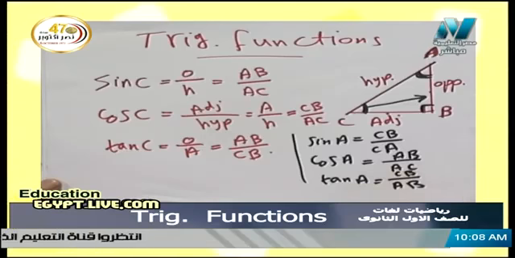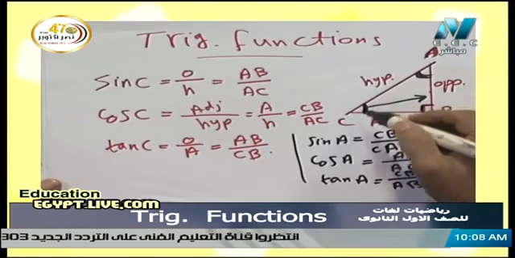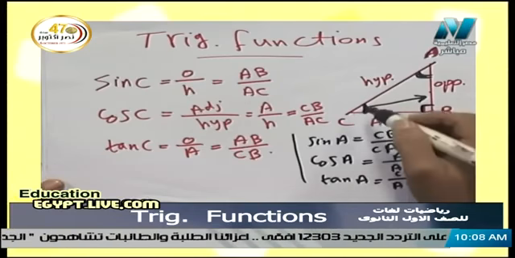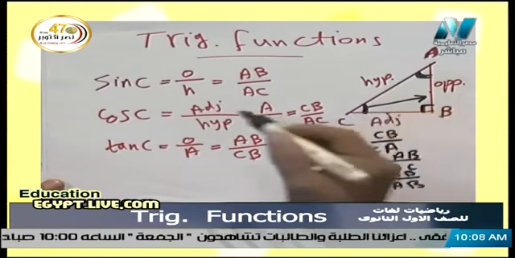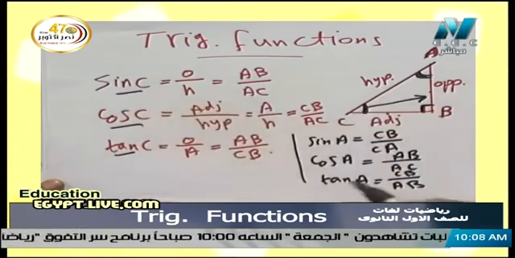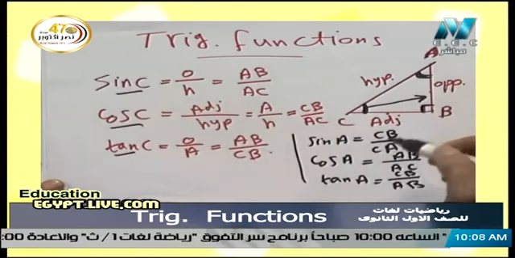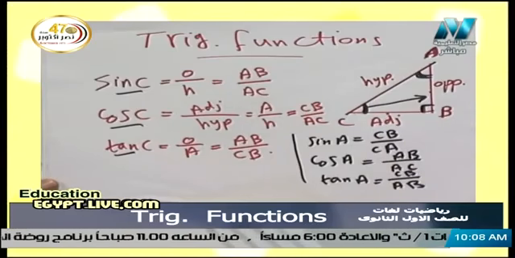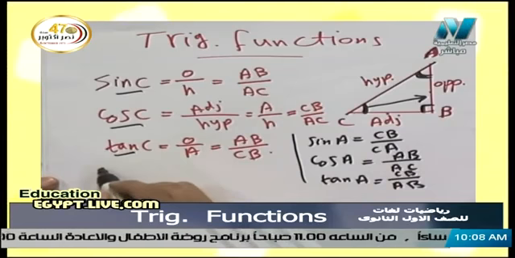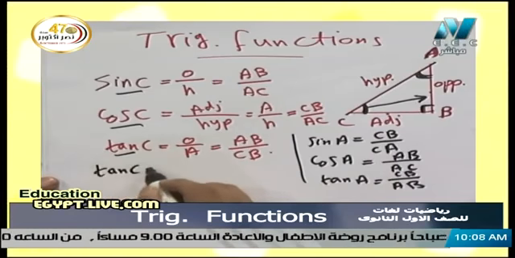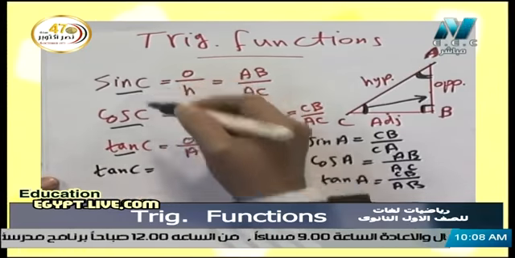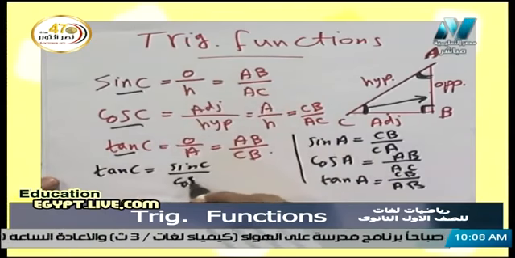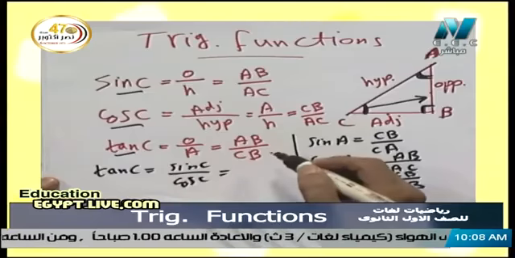So we can say that the trig functions, which we studied before in third preparatory, for the angle C are sine, cosine, and tan. And for angle A, we can also say sine, cosine, and tan. And if we concentrate, here tan C equals sine C over cosine C. We can prove it.